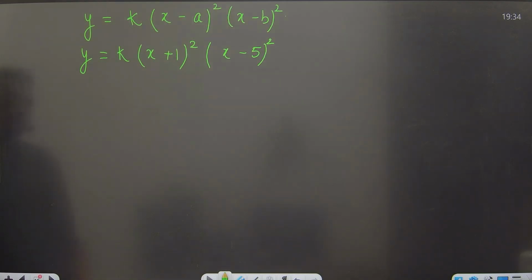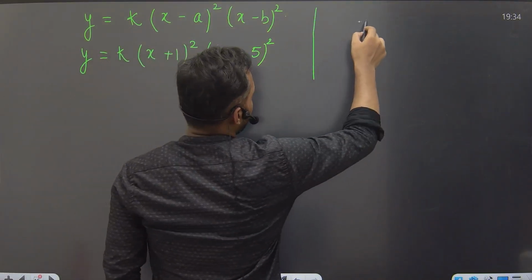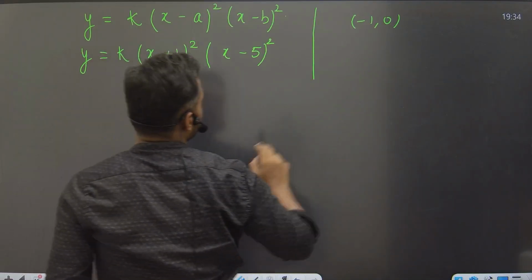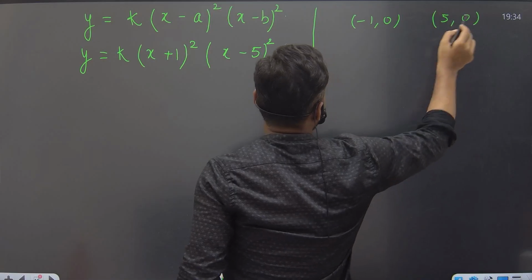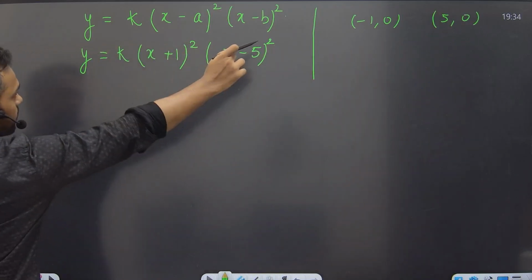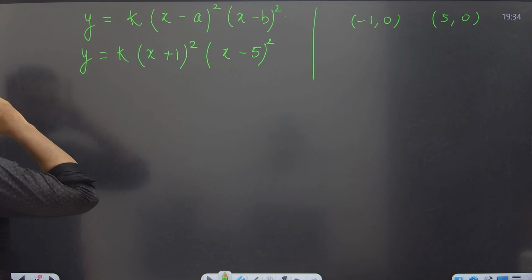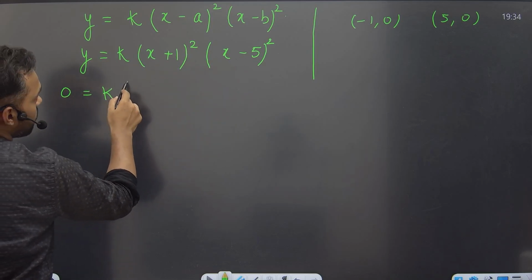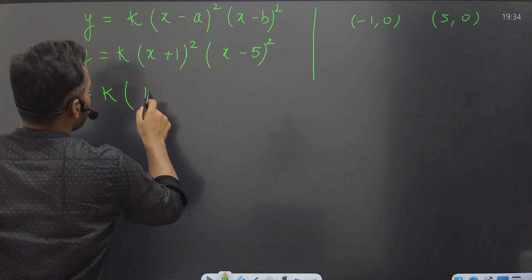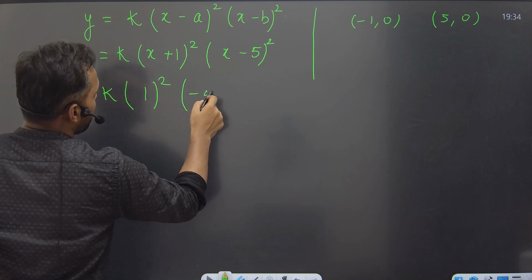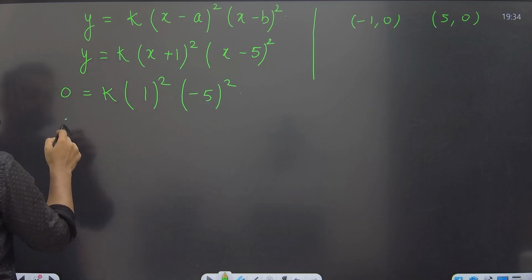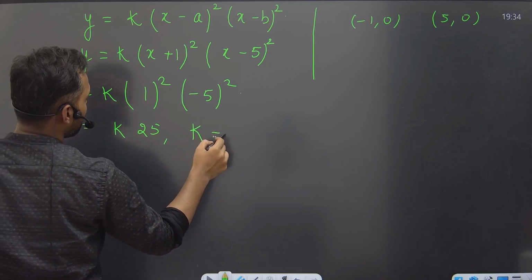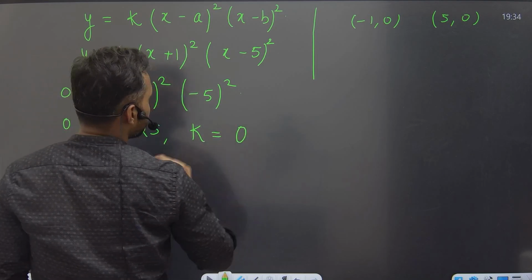If we plug in the values of these coordinates into this equation, we get 0 equals k times 1 squared times (−5) squared, so 0 equals k times 25.